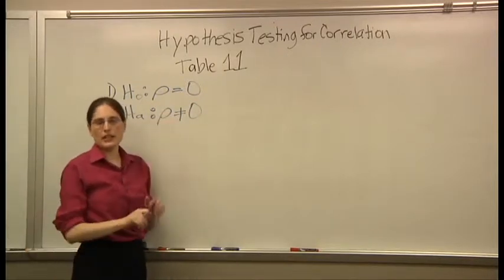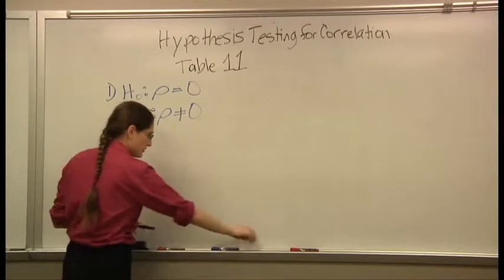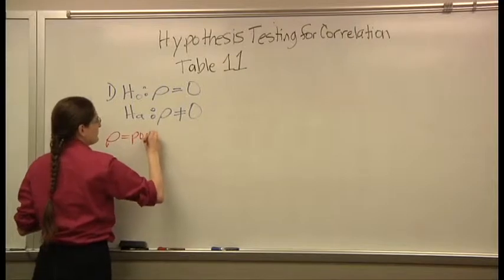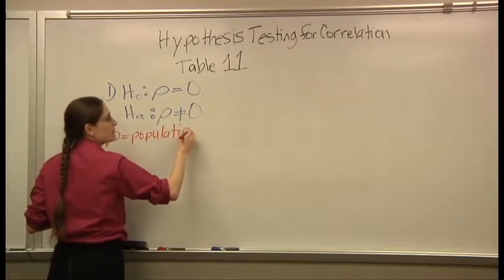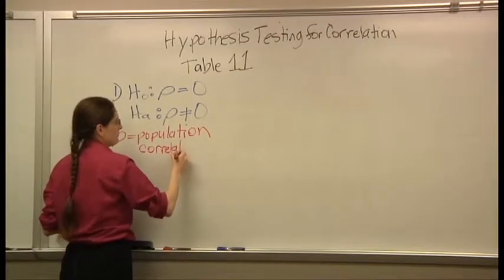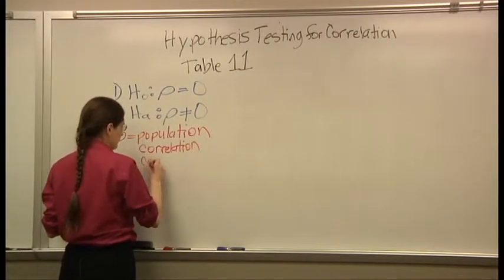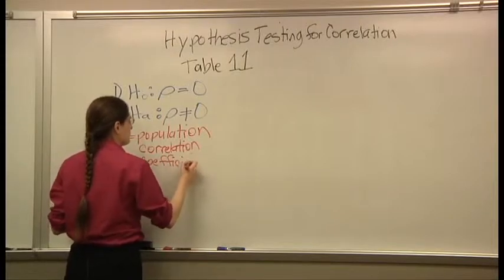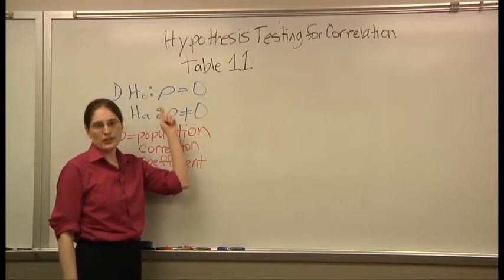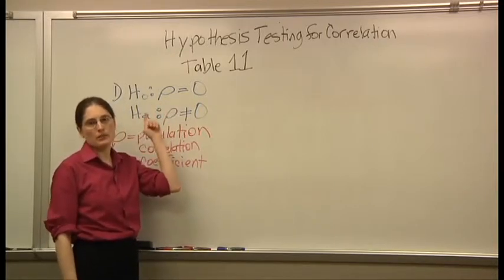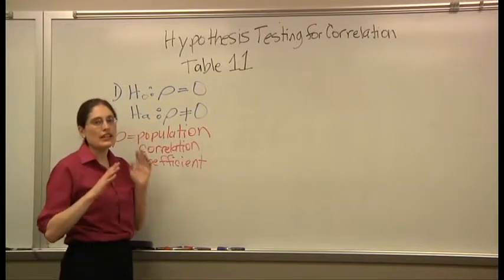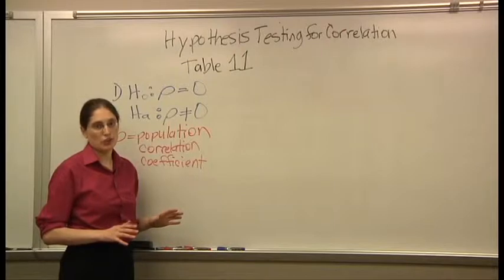This funky P is the Greek letter that means population correlation. So, your null hypothesis is that there's really nothing going on between x and y. Your alternate hypothesis is that there is a relationship between x and y.